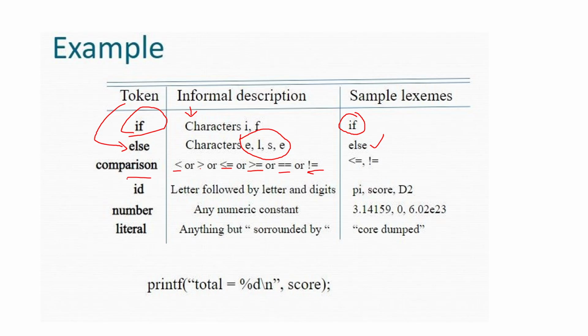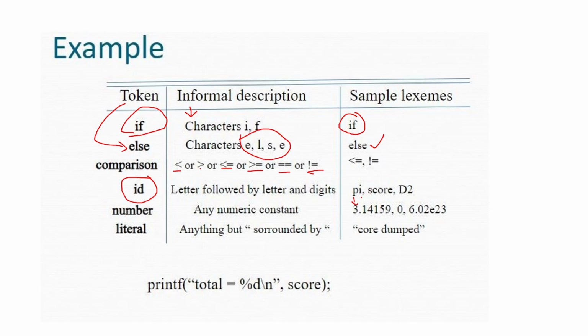Then ID. What is ID? Letter followed by letters or digits. For example, pi. So pi is an identifier, where the letter is p followed by letter i. Then number: any numerical constant, like 3.14159, 0.60, 6.02E23.